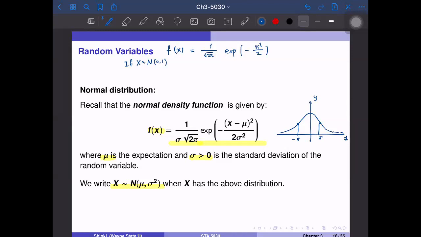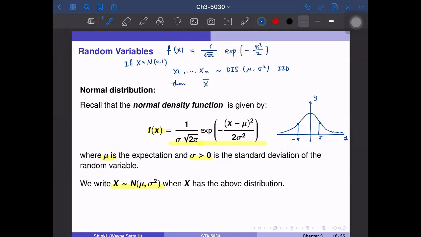And the normal distribution is important because remember that when X1 to Xn have some distribution with mean mu and standard deviation sigma, and we don't know what the distribution of Xi is, but if they are IID, then X bar approaches normal.